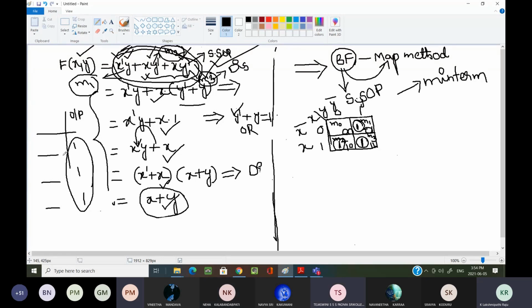You have summed all these min terms, or not? Yes, sir. That is the reason: if it is a min term, you should fill the map by using ones.